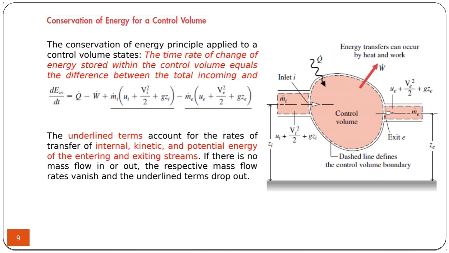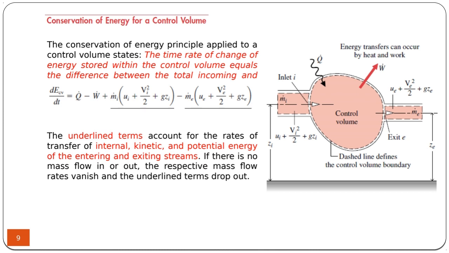And because the mass can also carry energy in terms of internal energy, kinetic energy, and potential energy, not only do we have work and Q in and out of the system, as in the case of closed systems, but also we have the energy carried by the mass flow rates.